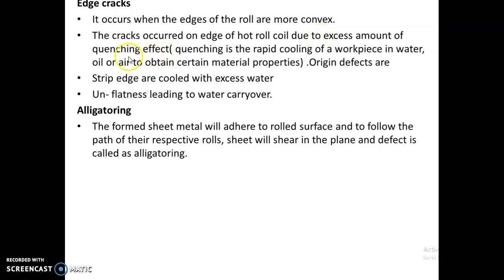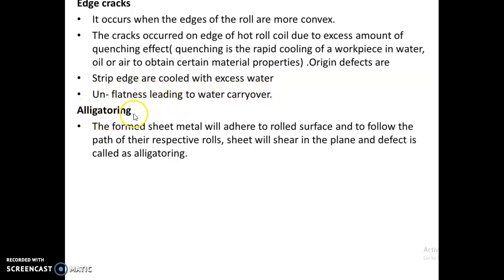What is the quenching effect? Quenching is nothing but rapid cooling of a workpiece in water, oil, or air to obtain certain material properties. Some of the origin defects are strip edges cooled with excess water, and unflatness leading to water carryover.